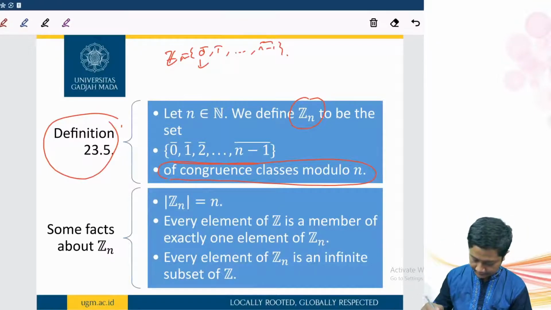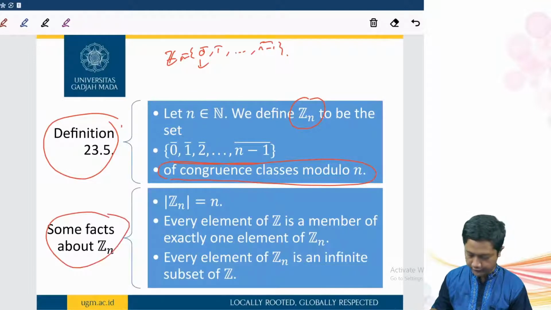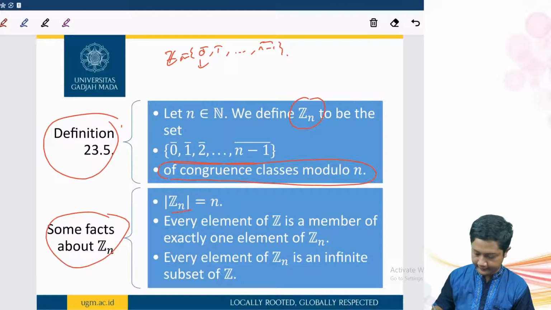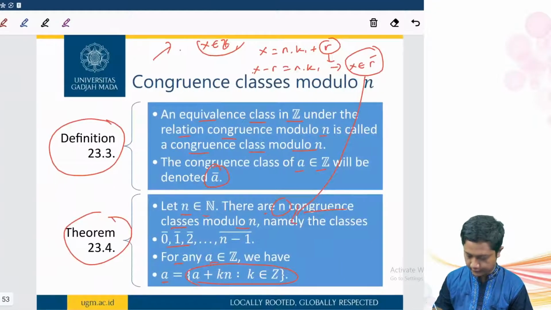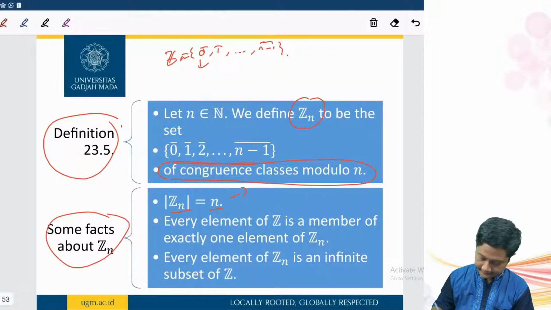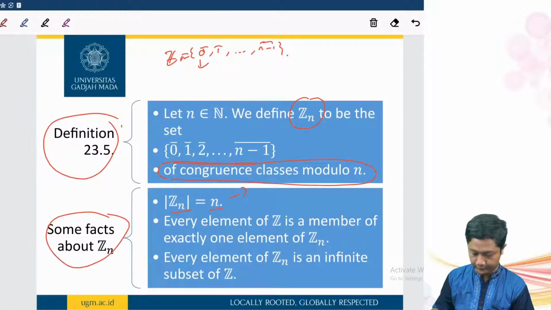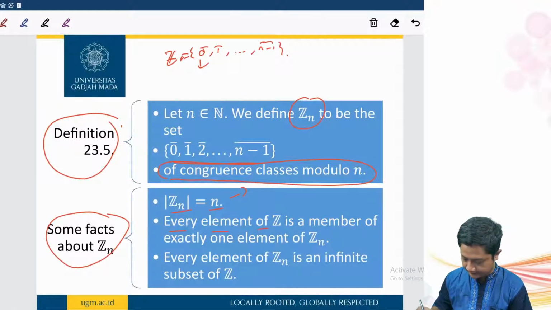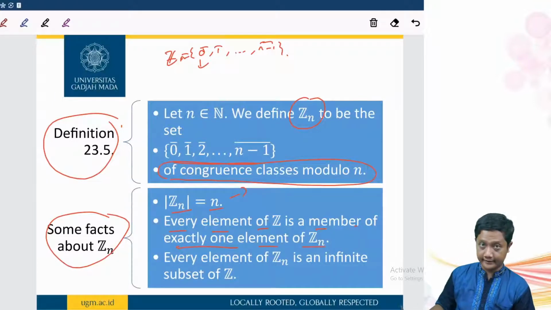And there are some facts about Zn. The first thing is the cardinality of Zn is n. Where does it come from? It comes from this one. It only consists of n classes. That's why the cardinality of Zn is n. Should be very clear. And the next one is every element of Z is a member of exactly one element of Zn.